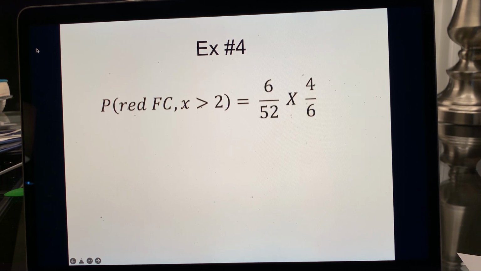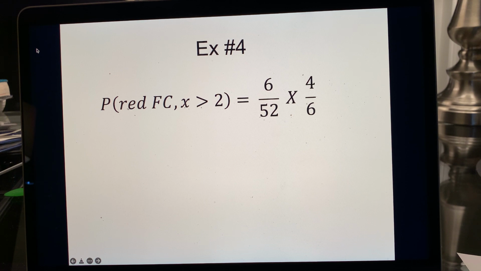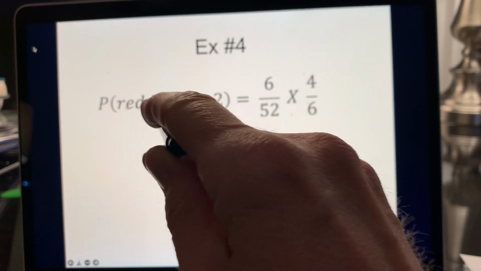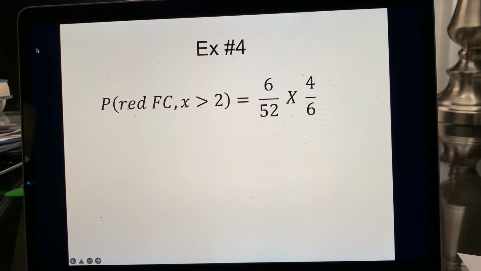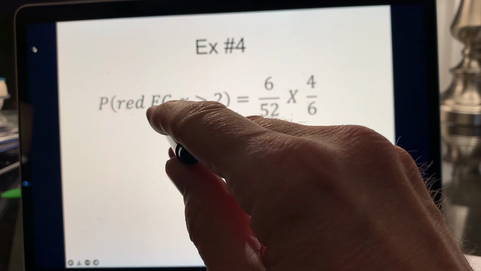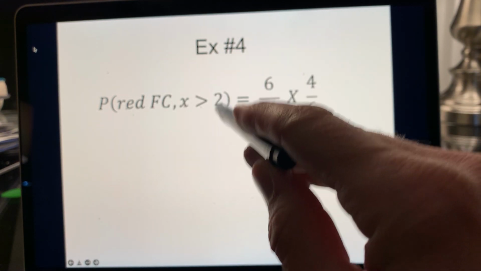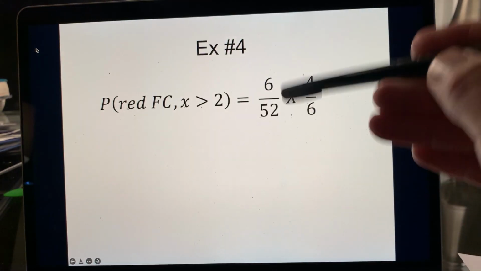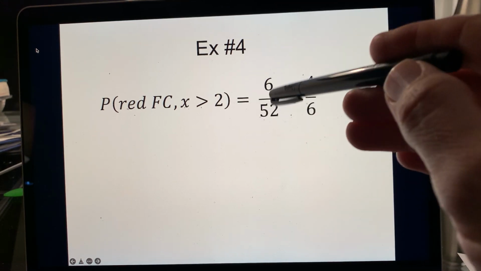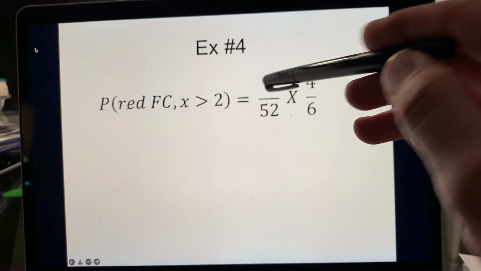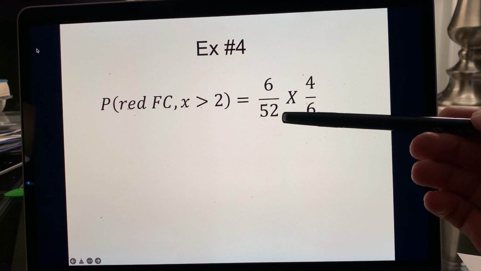Okay, example 4. A die is rolled and a card is drawn from a standard 52 card deck. What's the probability that a red face card is drawn and a number greater than 2 is rolled? Red face cards: I have the 2 jacks, 2 queens, and 2 kings, so there's 6 red face cards over my total, 52.